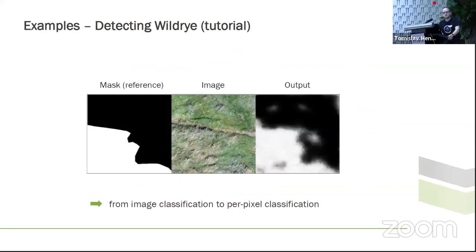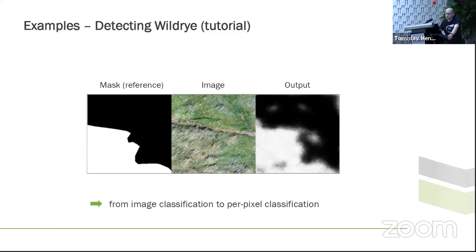When doing remote sensing, we are often not interested in whether or not there's an object in an image, but rather where in this image objects are, or the areas that we are interested in. So we want to do pixel-wise classification. We can also do that with CNNs if we apply an architecture that fits this purpose.